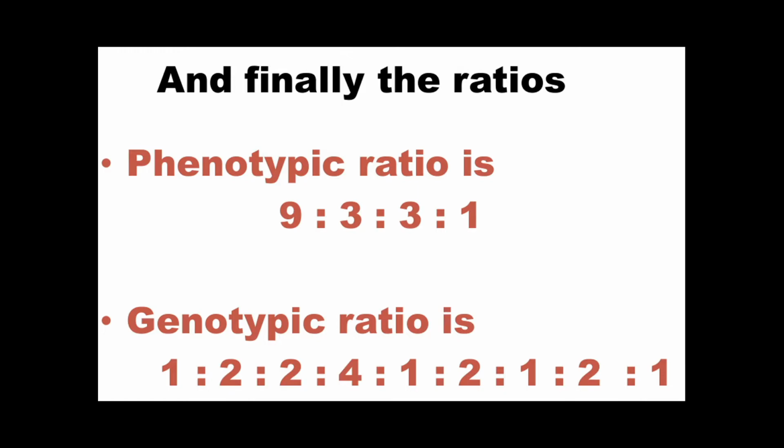So phenotypic ratio is 9 is to 3, 3 is to 1. Whereas genotypic ratio is 1:2:2:4:1:2:1:2:1. So these are the phenotypic ratio and the genotypic ratio of dihybrid cross.